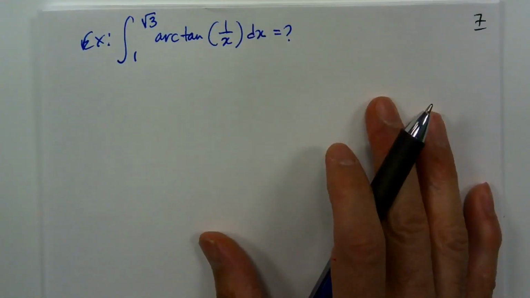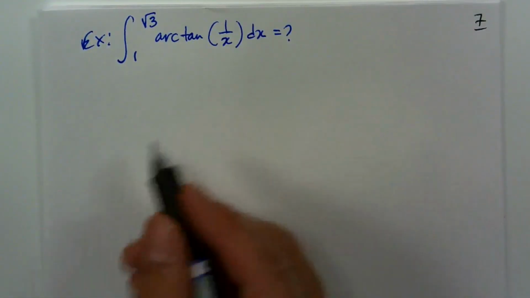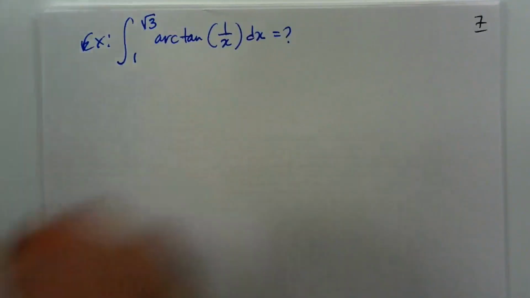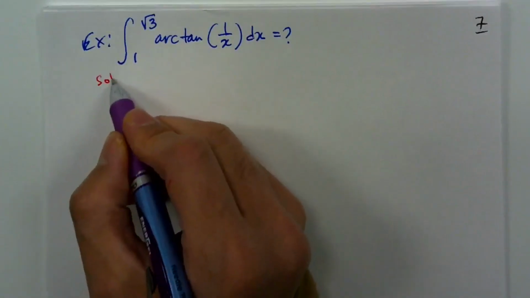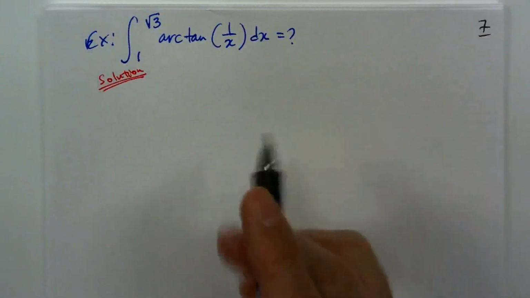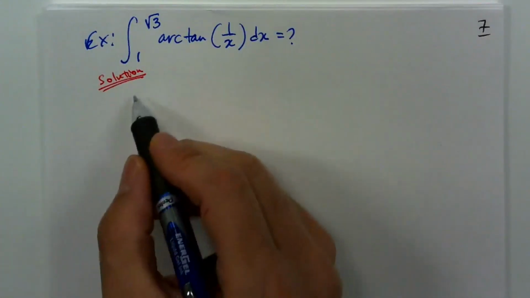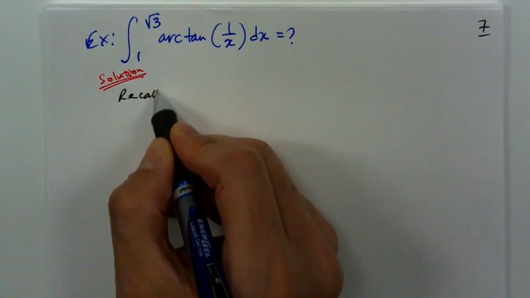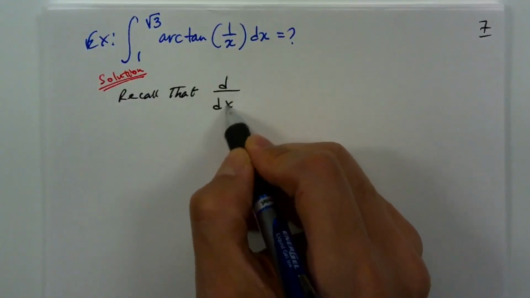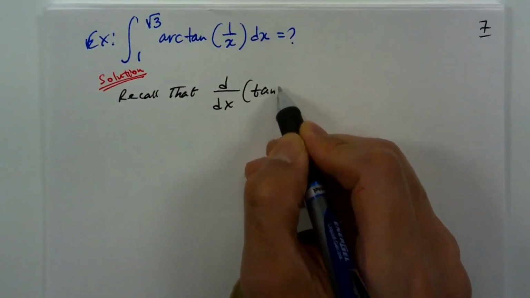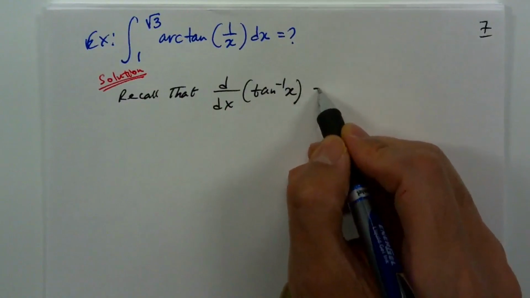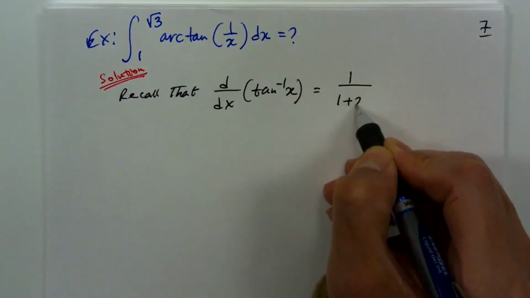All right. One thing we should remember from the past, which is part of the solution, is that the derivative of inverse tangent of x is equal to 1 over 1 plus x squared.